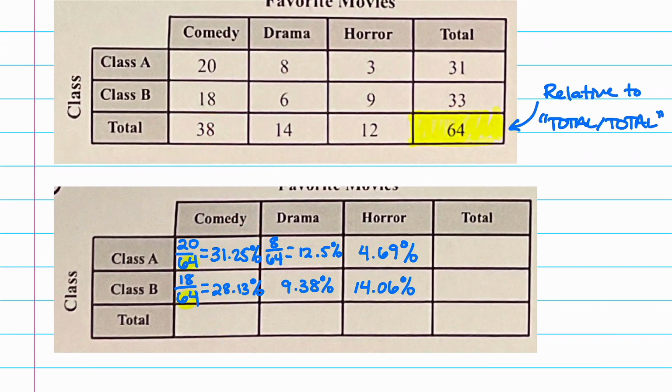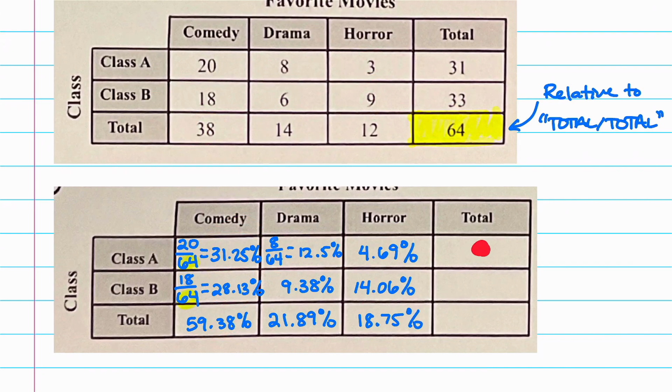So if I add these, I get 59.38%. If I add these, I should end up with 21.89%. If I add these, I should end up with 18.75%.